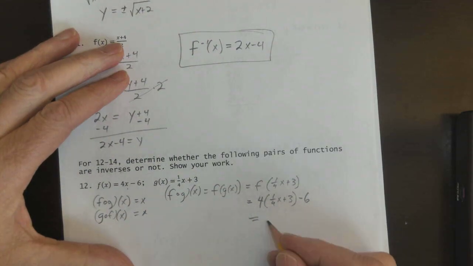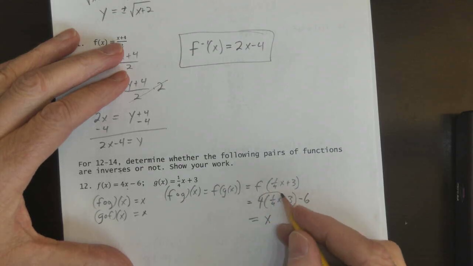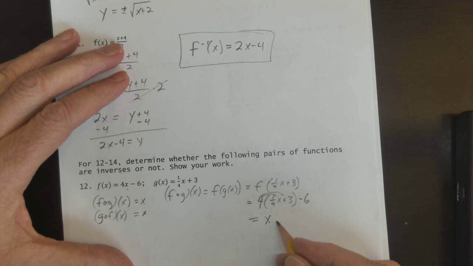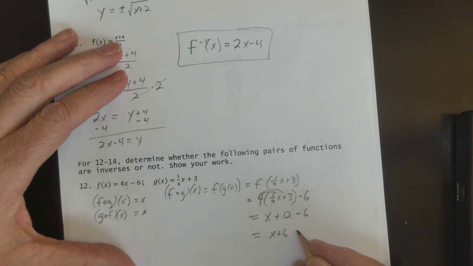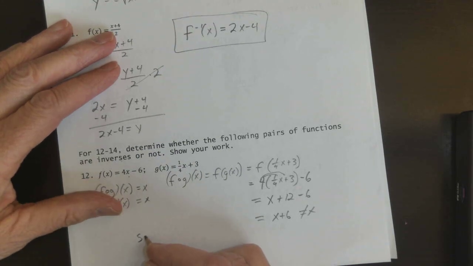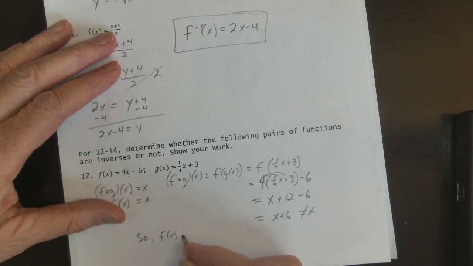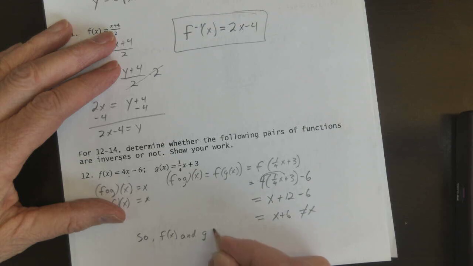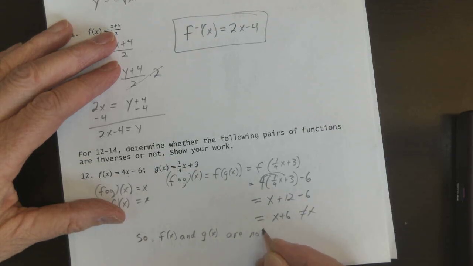So 4 times 1/4 x, that is x. And 4 times 3, that's plus 12, and that's minus 6. So that's x plus 6. This is not equal to x. Therefore, f of x and g of x are not inverses.